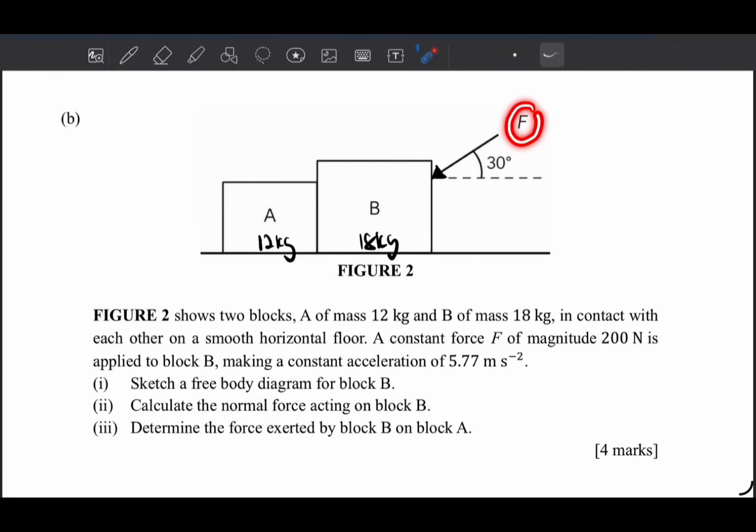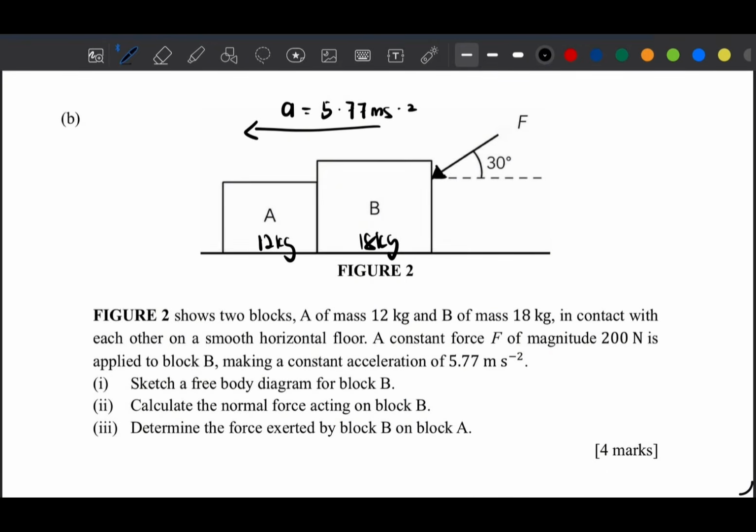A 200 Newton force is applied to block B at an angle 30 degrees above the horizontal, and the system accelerates at 5.77 meter per second squared, which indicates that when we push object B, object A is also going to move, so they are in one system, and this system is going to move with an acceleration of 5.77 meter per second squared in this direction.